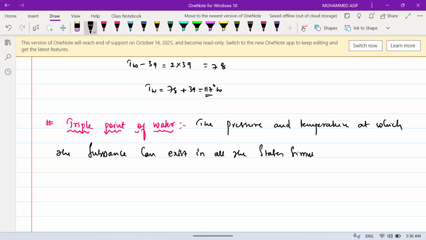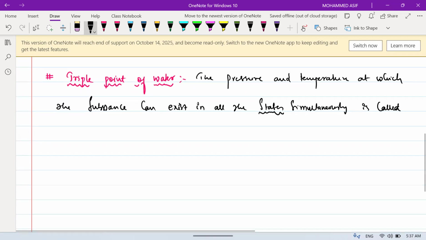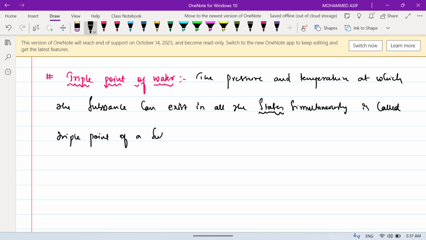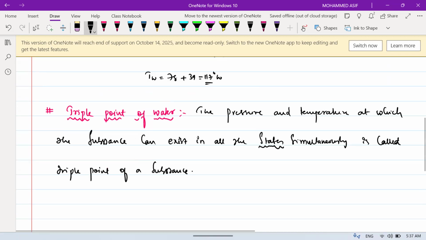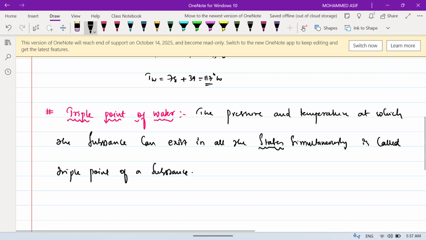All the states means what? Solid, liquid and gases is called the triple point of your substance.